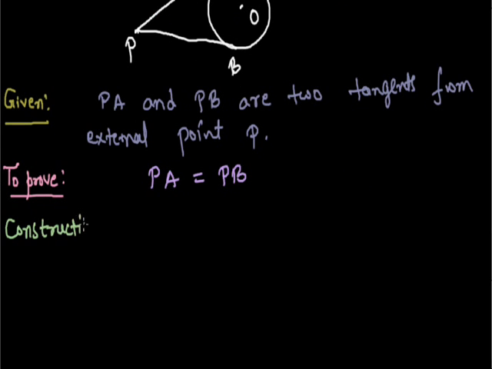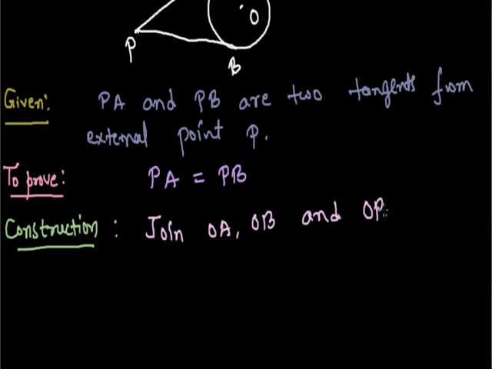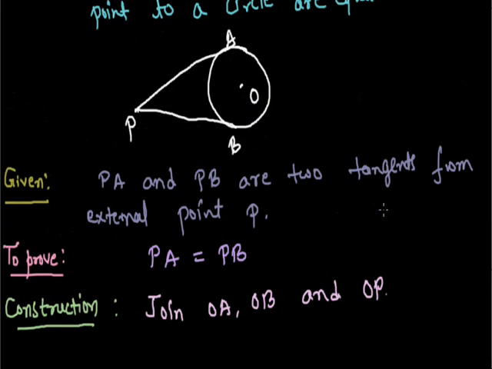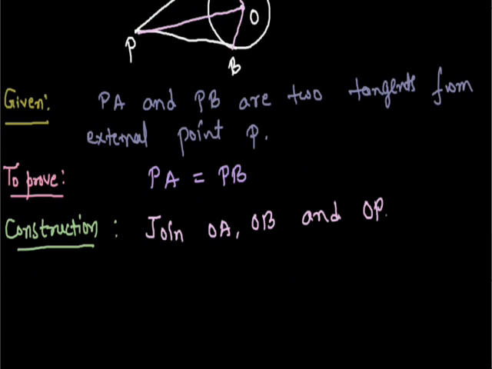Construction: join OA, OB and OP. Join OA, OB and now proof.